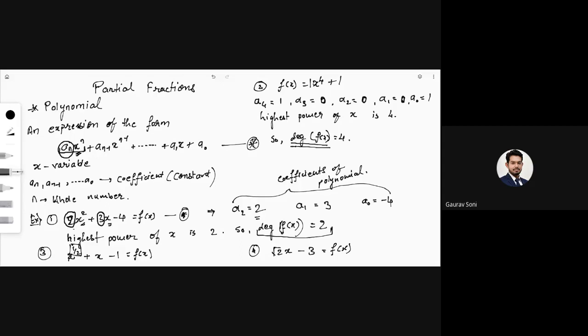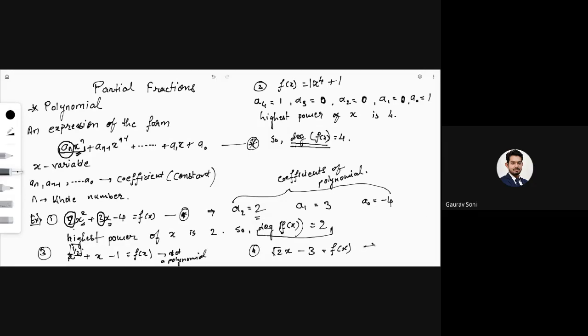Yes, sir. Which number is it? So 1 by 2 is not a whole number, it is a rational number. Okay, so this is not a polynomial.